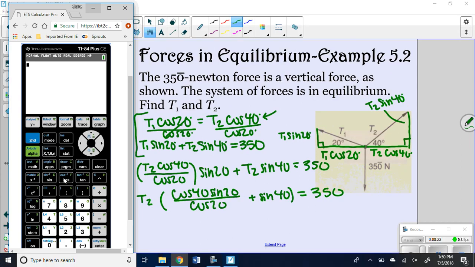So we're going to do cosine of 40 and then sine of 20. There we go. Okay, and then hit enter. And then you're going to divide by cosine of 20. And then you're going to add sine of 40.